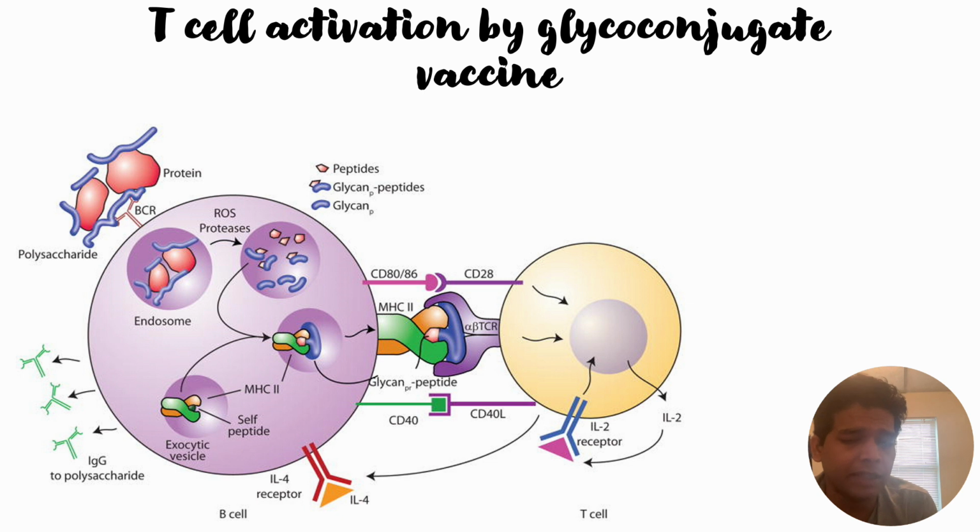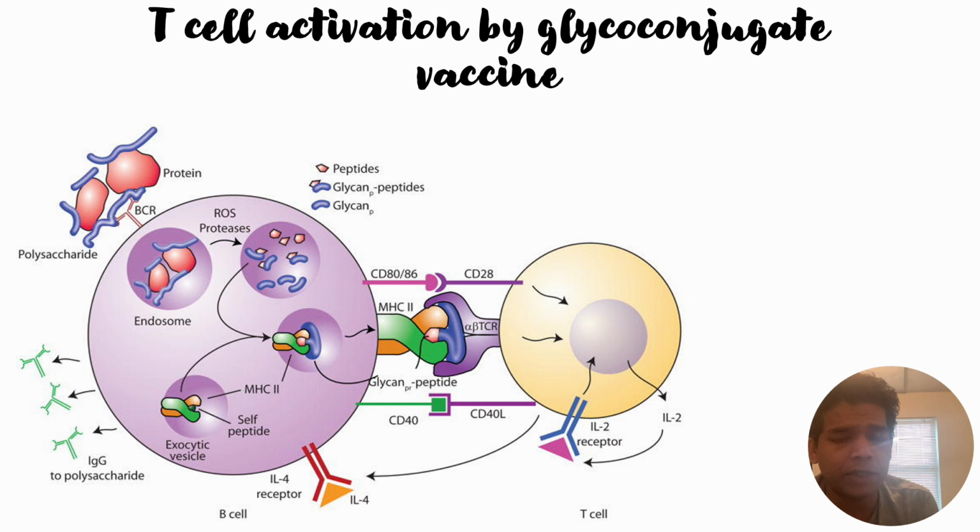Simultaneously, interleukin 4 released by the T cells interacts with the interleukin 4 receptors at the B cells, which also triggers the expression of the non-self epitope at the cell surface with the help of major histocompatibility complex.